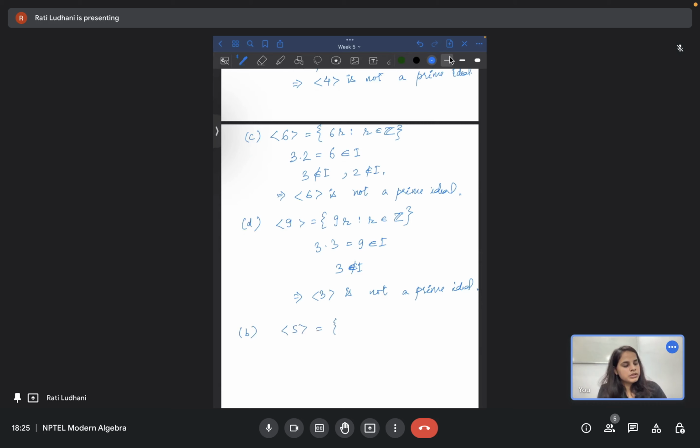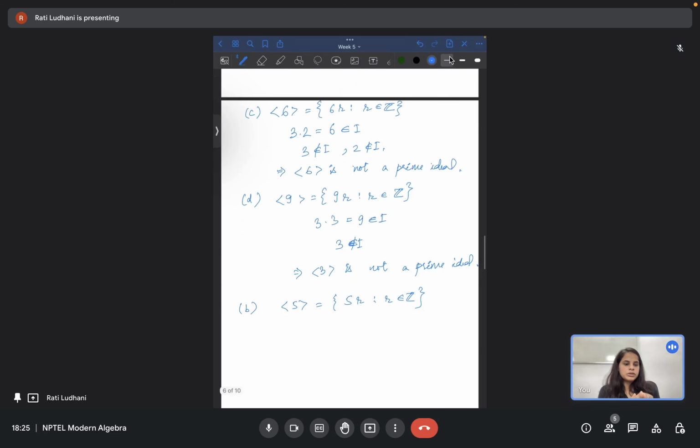So this is 5R, R belongs to Z. Here you cannot take something like 1 into 5. That is the only possibility here because this is a prime number. So we need to prove that this is a prime ideal. It looks like this because we are not able to find A and B, because if you take A and B, you are anyway having some multiple of 5.